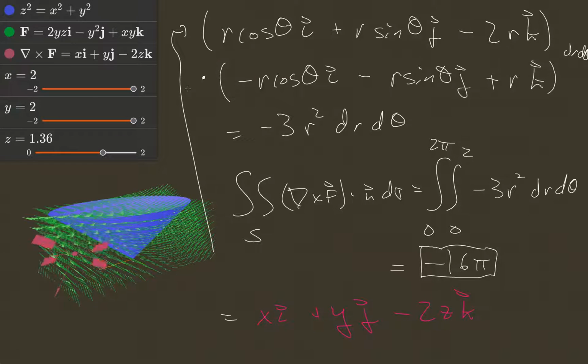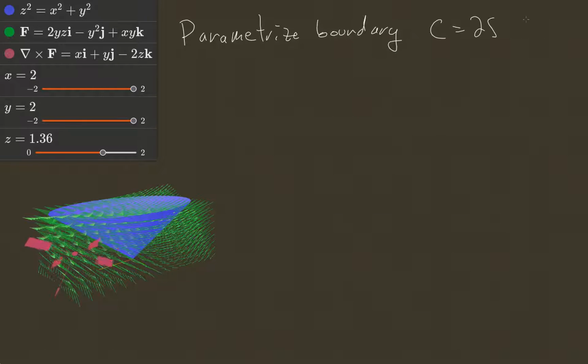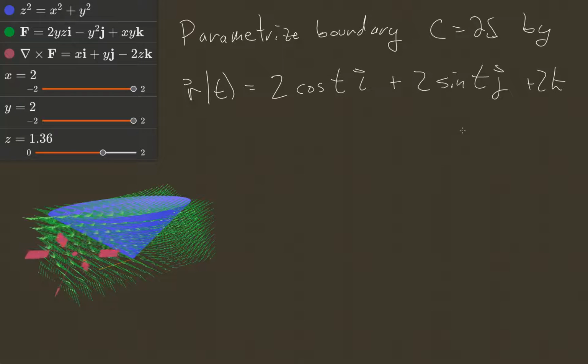Okay, next let's tackle the curve side. So we'll parameterize the boundary of the cone by r of t, where the circle has radius 2. So 2 cos t i plus 2 sine t j plus 2k, with t between 0 and 2 pi.